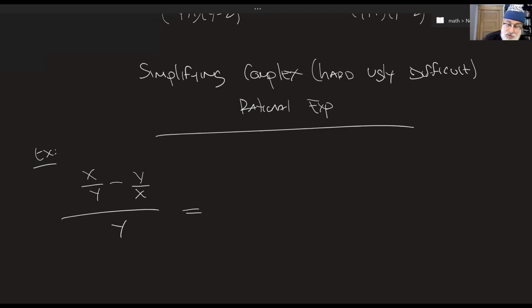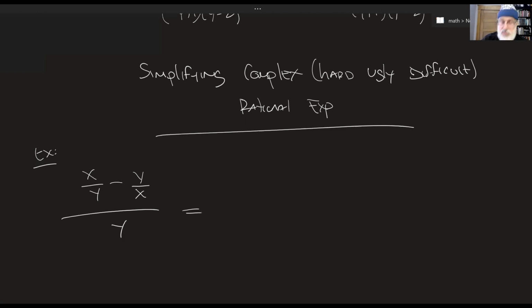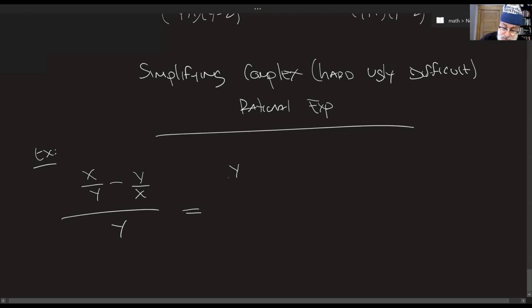So what I'm going to do here is add the top, right? So we have a subtraction. So I'm going to do the same thing where I have x and y as denominators. So I'm going to multiply the first term by x over x, and subtract that from y over x, and I need to multiply this by y over y.